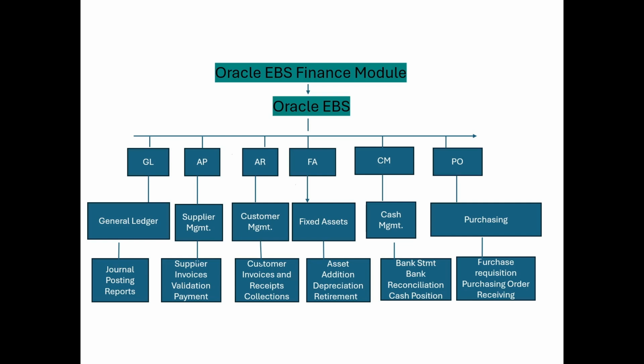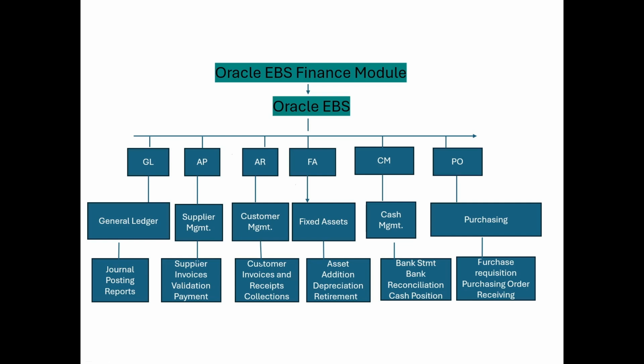So now that we have understood the general ledger and its role in Oracle EBS, let's move on to Accounts Payable, where you learn how companies manage supplier invoices and payments.